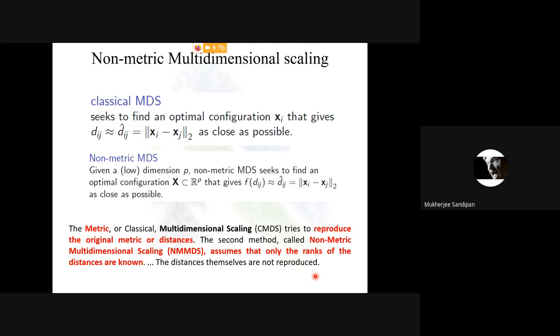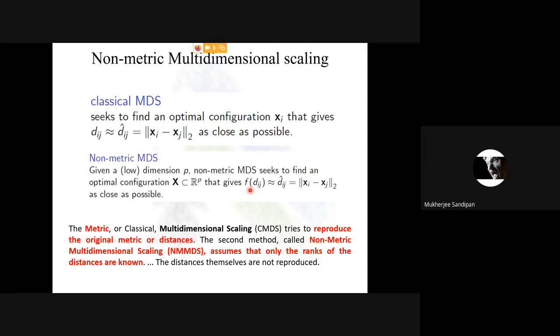Classical MDS seeks to find an optimal configuration xi that gives you distances as close as possible. For non-metric MDS, given a low dimensional matrix P, it seeks to find an optimal configuration that gives you distances which are again as close as possible.